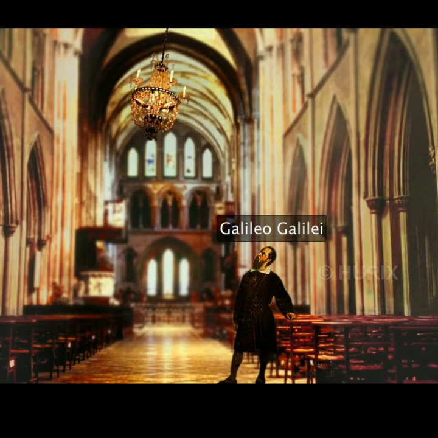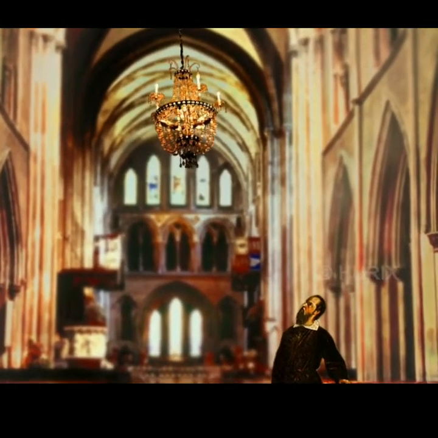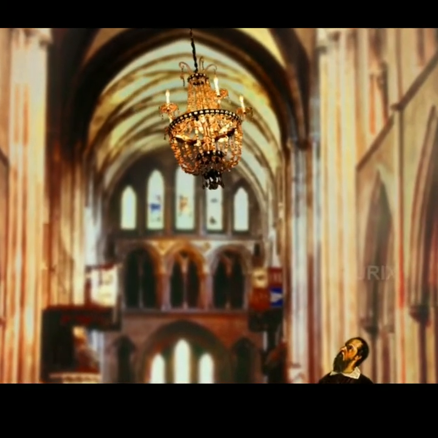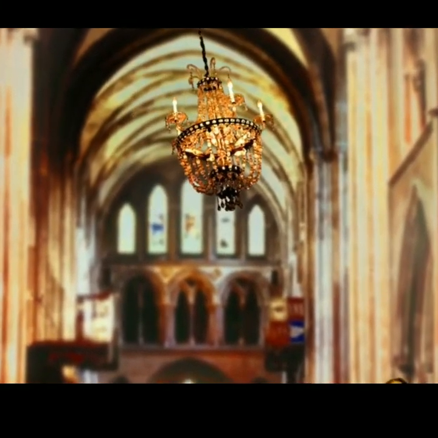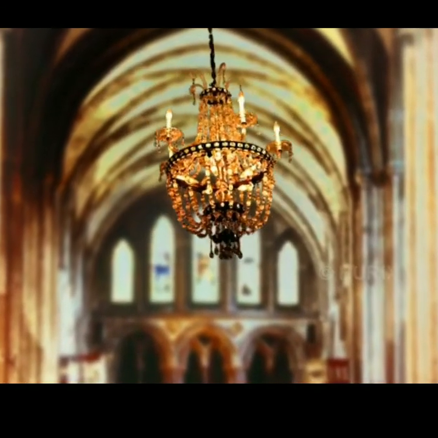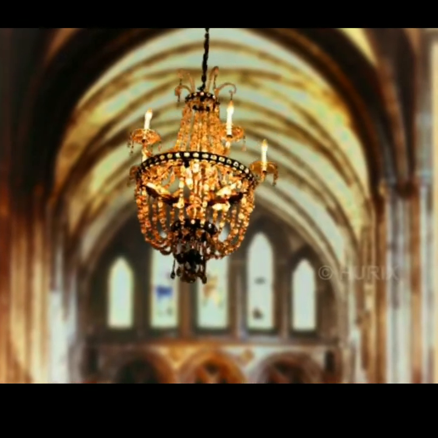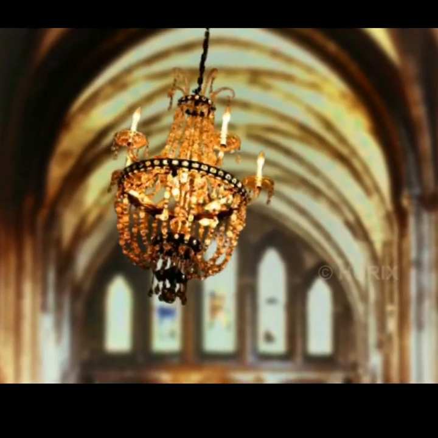There is a famous story about how Galileo, when watching the swinging movement of the church chandelier, discovered a unique property of the pendulum. He noticed that though the angle of swinging of the chandelier changed, the time taken to complete one oscillation remained constant.